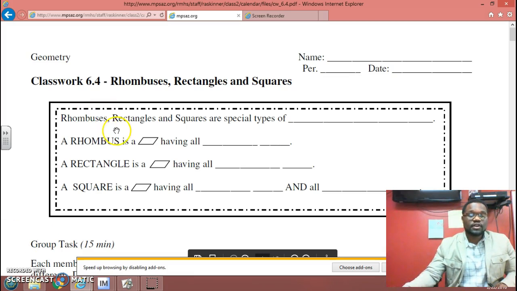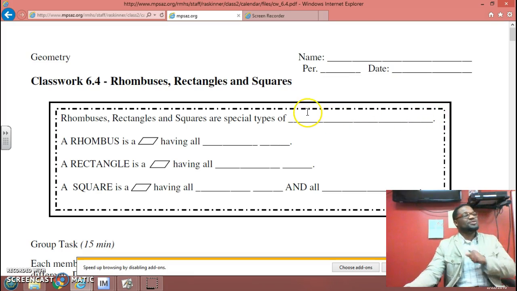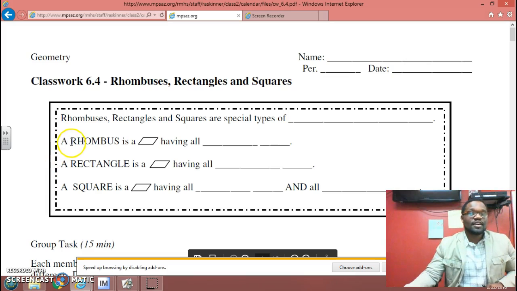Okay? First of all, let's look at this. Rhombus, rectangles, squares are special types of parallelograms. Yes, I heard you say it. You said parallelograms. I know you're getting it. A rhombus is a parallelogram having all, what's all in a rhombus? Well, all congruent sides. All sides are congruent in a rhombus.